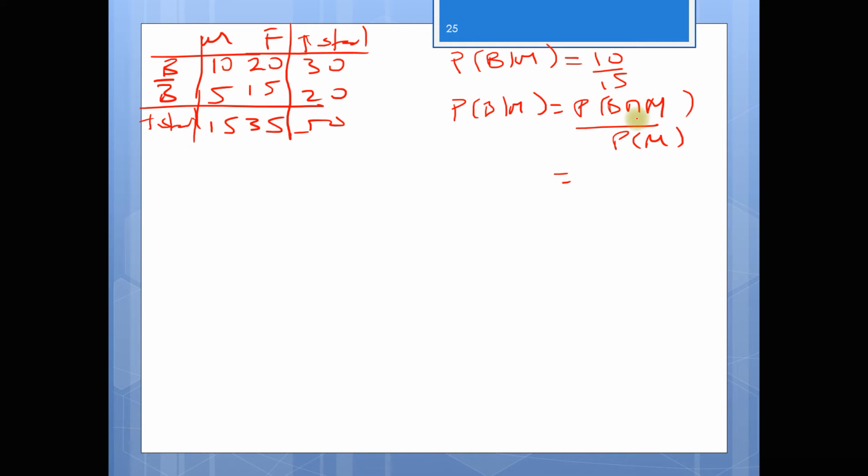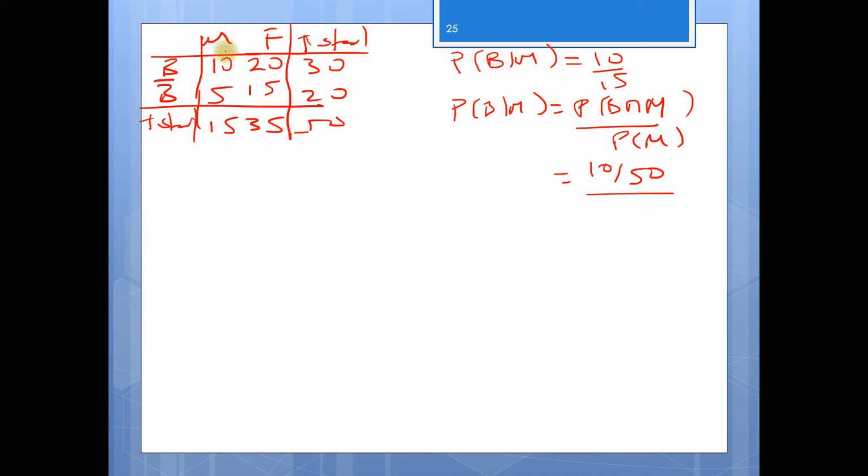So the probability of B intersection M is 10 out of 50. Remember, B intersection M is not given M, so it is basically 10 out of 50. B given M directly is 10 out of 15, but if you are evaluating B and M, there is no reduced sample space. It's the whole thing, that is 50. Divide by the probability of M.